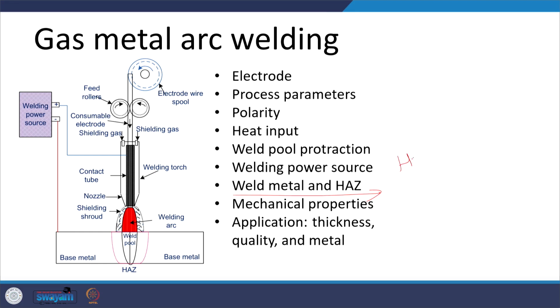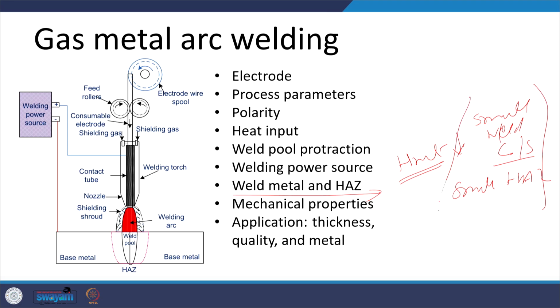Then the weld metal and the heat affected zone. Since the H net used during the GMAW is lower than that of the SAW, and also lower than that of the SMAW, lower H net results in the smaller weld cross section and a smaller HAZ. So, smaller HAZ width and smaller weld cross section.